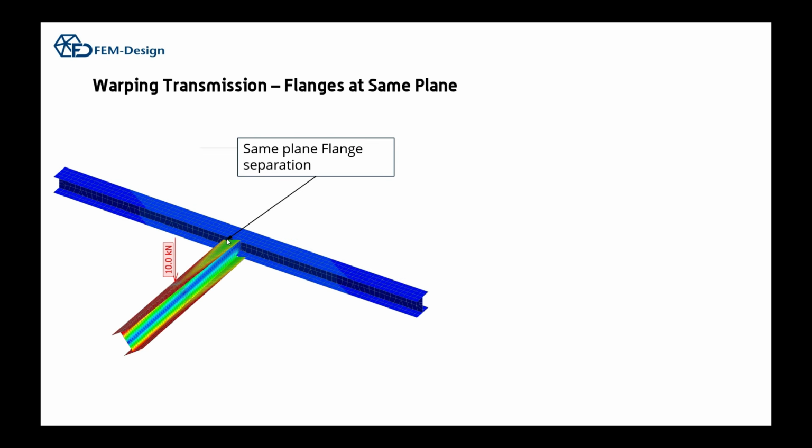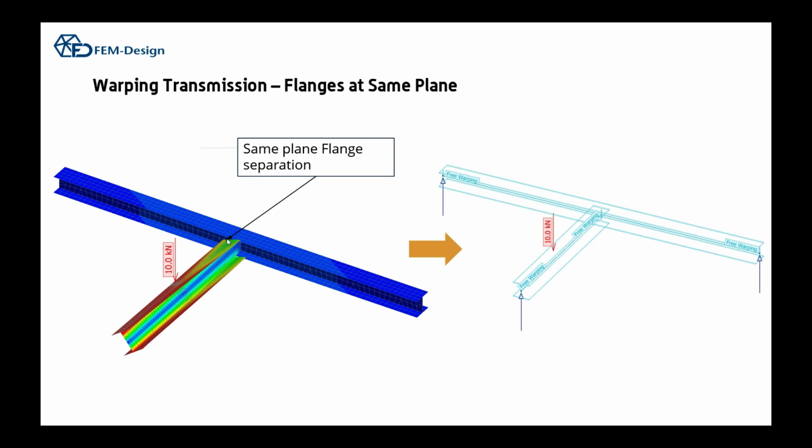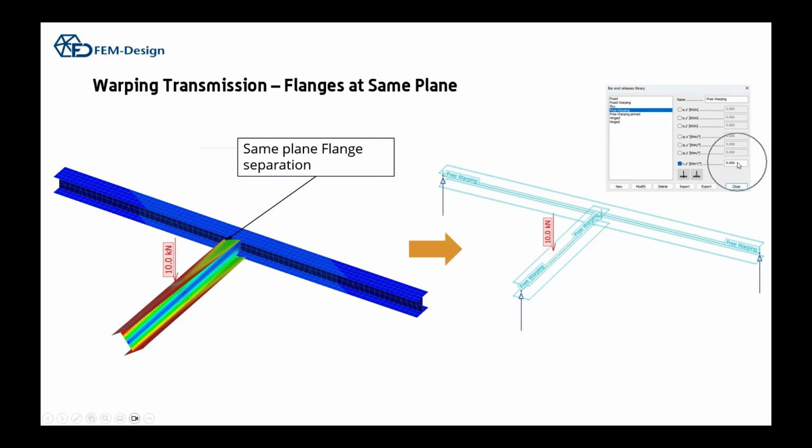If we twist the secondary member, we can see that in the main member there's hardly any warping and no rotation. So the right way to model it in FEM-Design is to set free warping here. You go to the beam properties and set the warping spring to 0 at the end of the beam. Just put the 0 here in the warping spring of the beam end property.